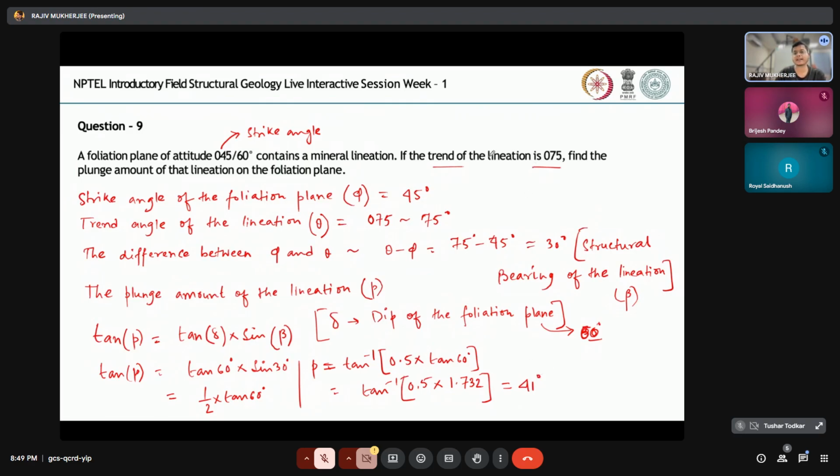So since the trend of the lineation is 075, we can say that the plunge of the lineation is 41 degrees towards 075. So this will be the answer.